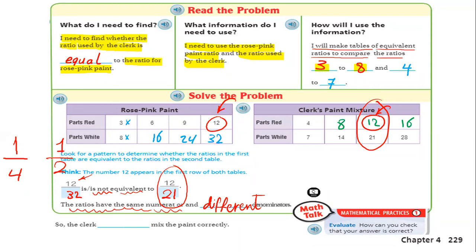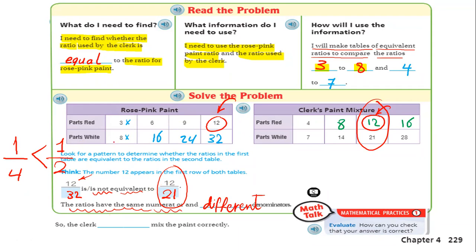So which one is greater? 1/2 is greater than 1/4, because you have the same thing and you distribute it by 4 here and by 2 here. Basically, the less distribution, the greater the share. You will take much more. This is the meaning of 12 over 32 less than 12 over 21.